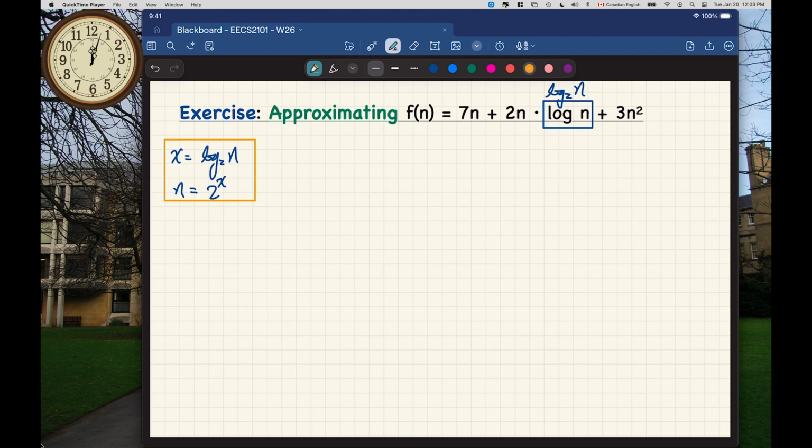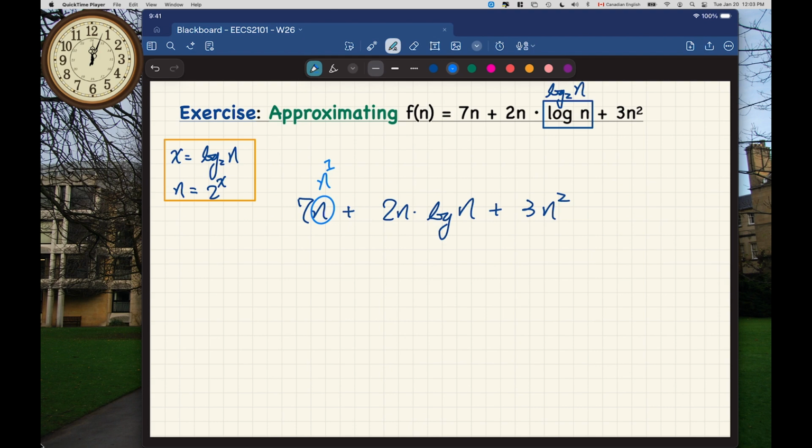All right, so let's now think about this term. I'm going to rewrite it here. I got 7n plus 2n log n plus 3n squared. Just to begin with, you can think about this term n here as if you wrote n to the power of 1, of course, right?